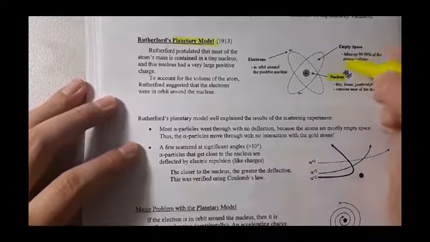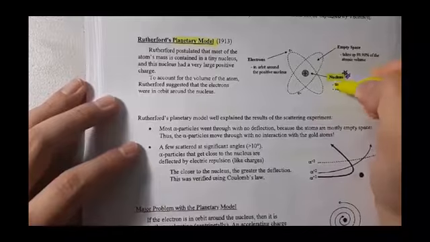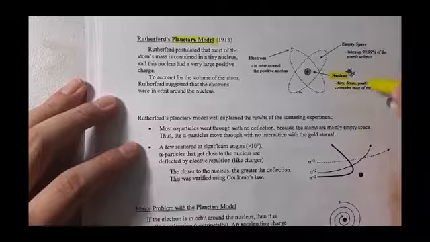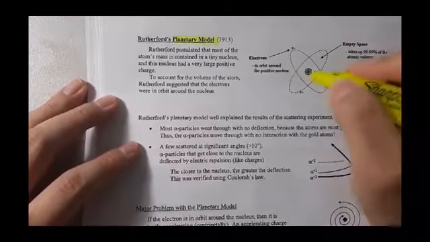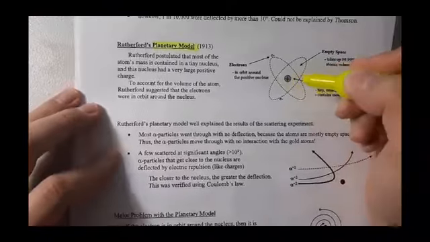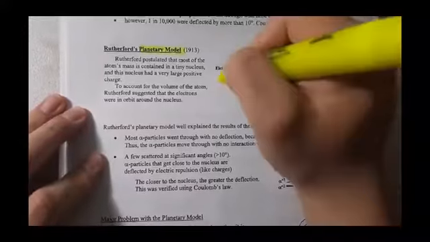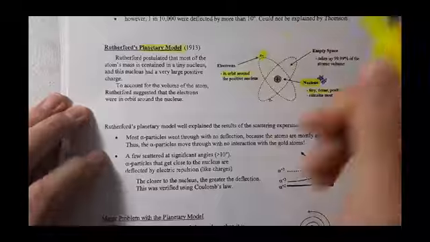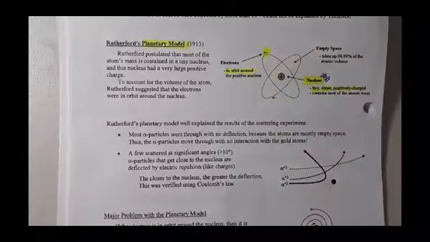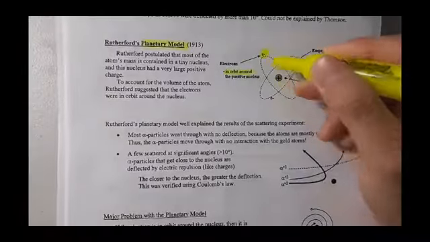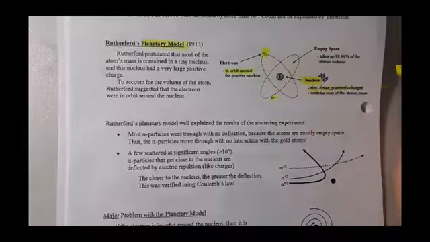There is a nucleus at the center like a planet, very tiny, very, very dense, and those positive charges are condensed and concentrated at the center. Meanwhile, electrons are merely the ones that orbit around, like a planetary system. Imagine the nucleus is the sun and electrons are Earth, Mars, those kinds of things.